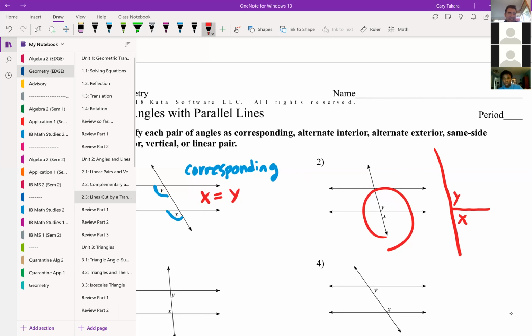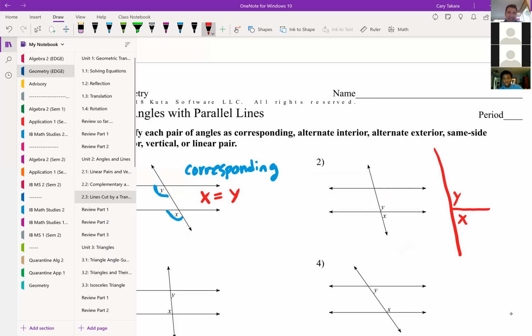First of all, they're on the same side for sure. But same side interior angles are like this angle and this angle, but they're right next to each other, isn't it? So this is not same side interior angles.